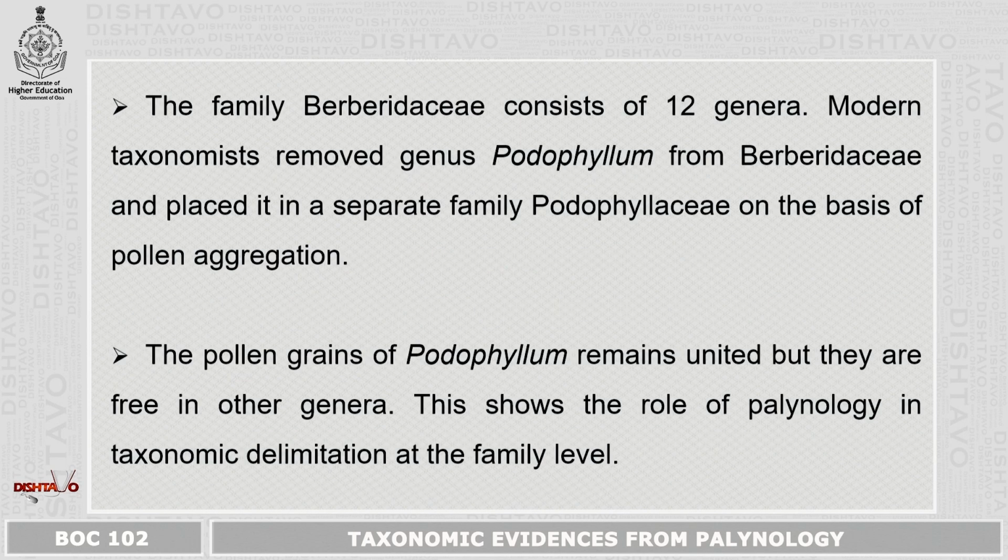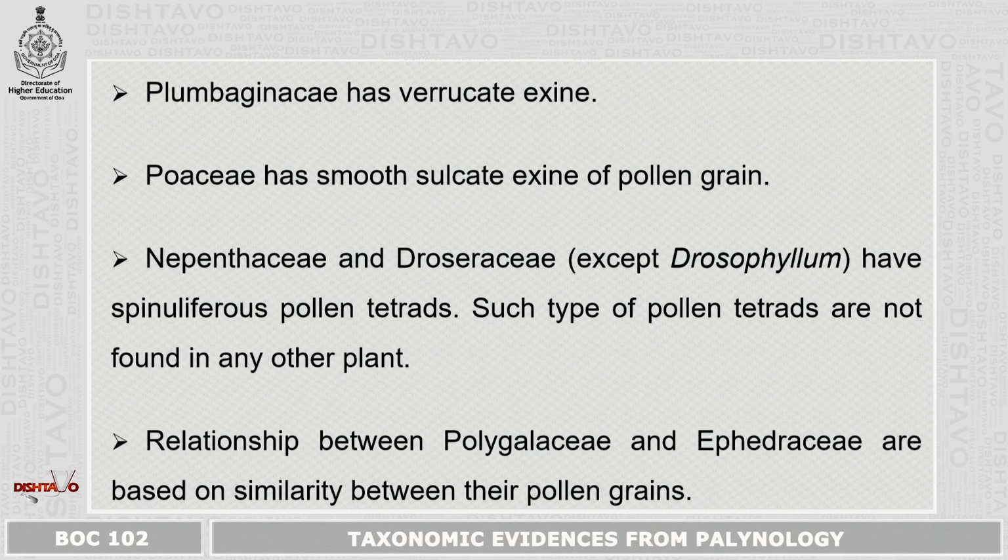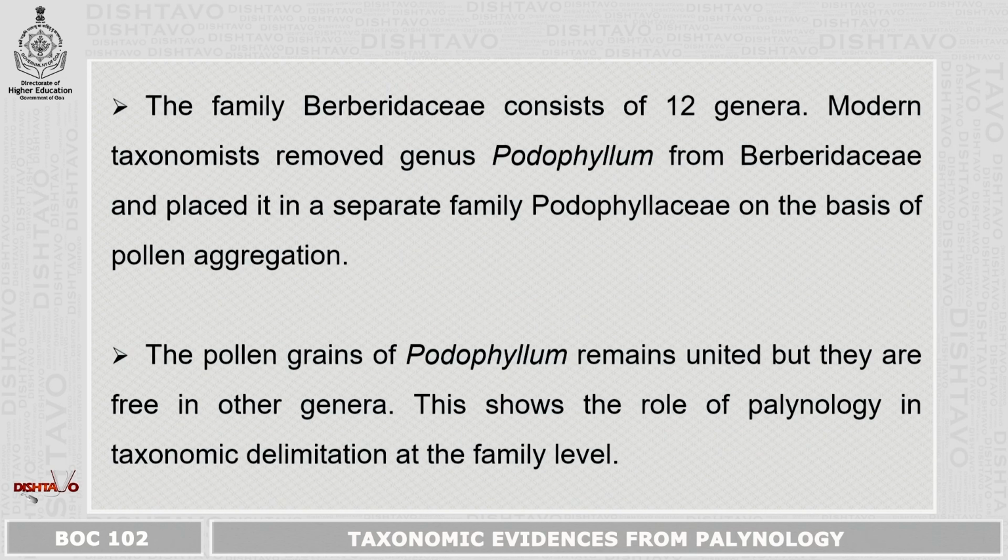Plumbaginaceae has verrucate exine, Poaceae has smooth sulcate exine, Nepenthaceae and Droseraceae, except Drosophyllum, have spinulose pollen tetrads. Such type of pollen tetrads are not found in any other plant. Relationship between Polygalaceae and Ephedraceae is based on similarity between their pollen grains.